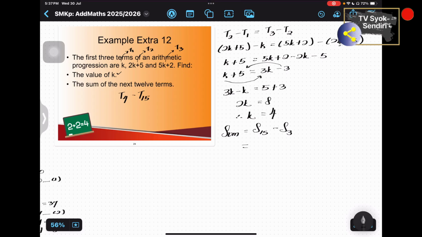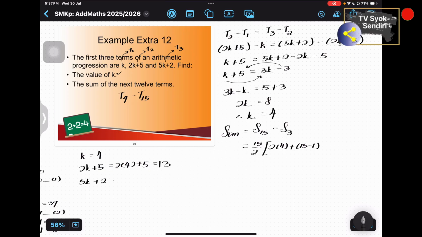Okay, so now I just put everything in. 15 over 2, 2a, so that means my k, then plus 15 minus 1 times d. Oh, by the way, I don't know my d. So now my k is 4, and my 2k plus 5 is 2 times 4 plus 5, which is 13.